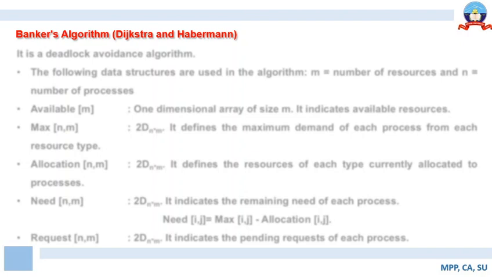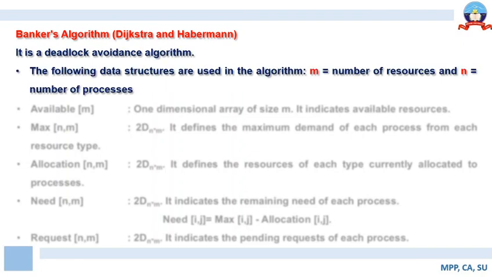Now, before moving forward, let us discuss some of the important attributes of Dijkstra's-Bankes algorithm. Let us assume that there are m number of resources and n number of processes.